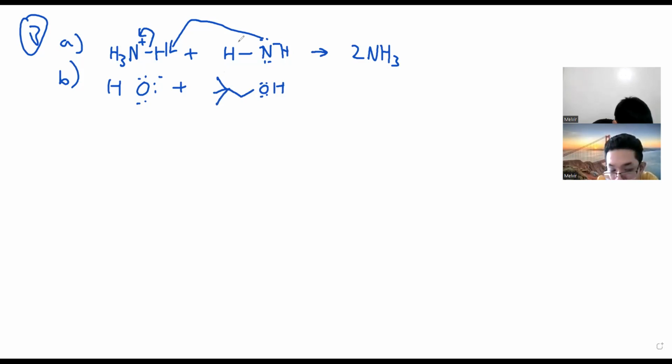Sobra yan, Josh. That carbon, yung tertiary carbon mo, it's now directly bonded to OH, not CH2OH. Di ba? Try to understand your structure.